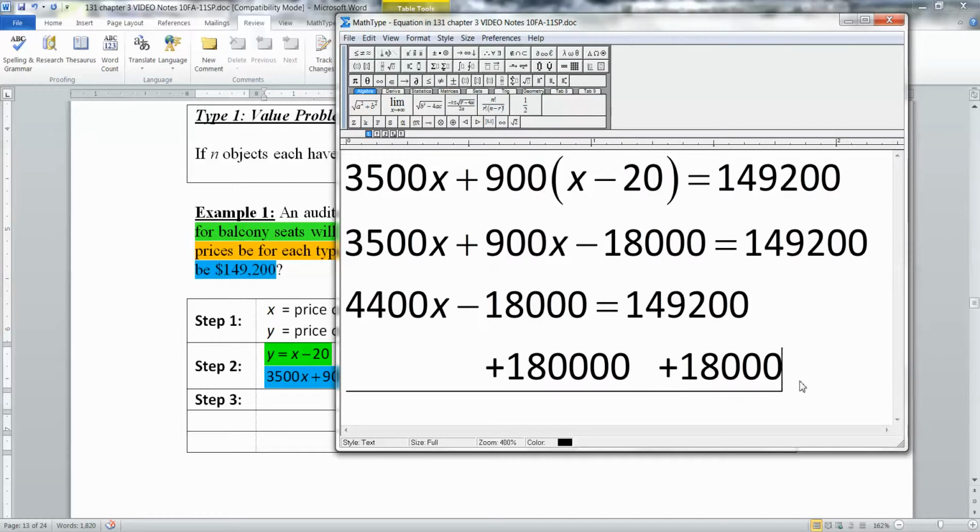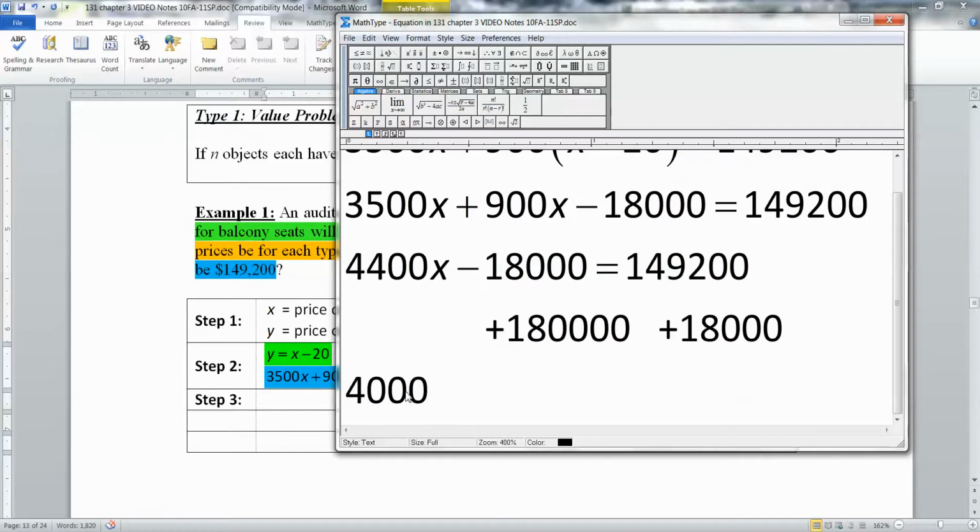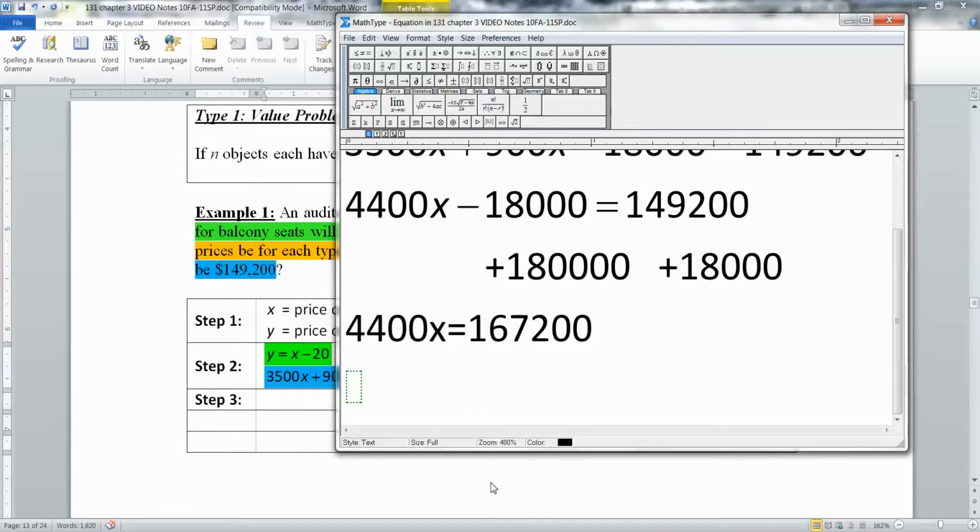Over on the left, we'll have 4,400x is equal to 167,200, I think. Yeah, that works.